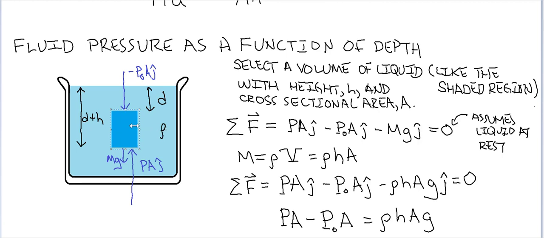We could pick some little volume of water, and here I've shaded it in. It has some volume that is defined by its height h and its cross-sectional area A.